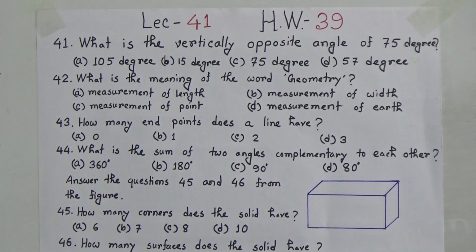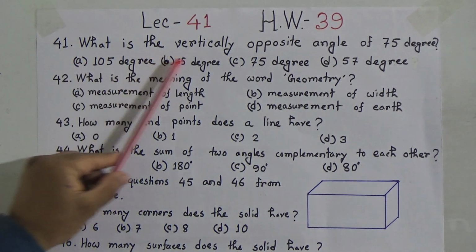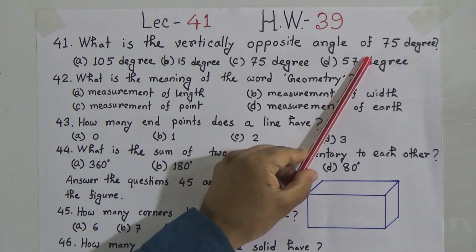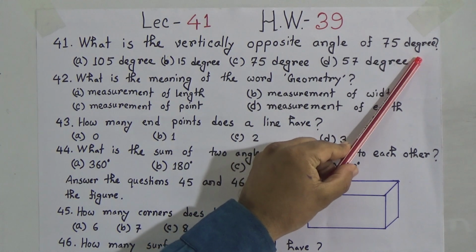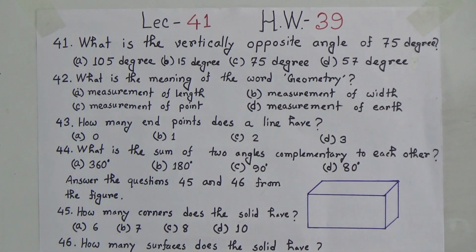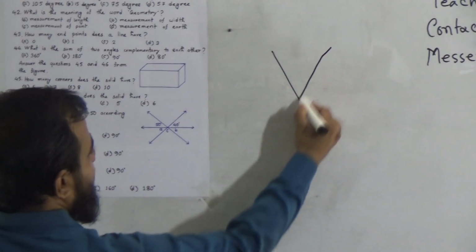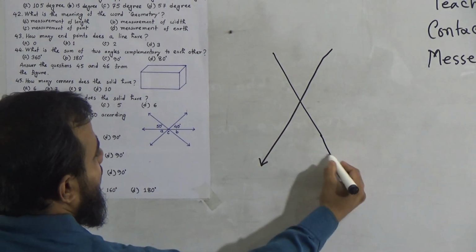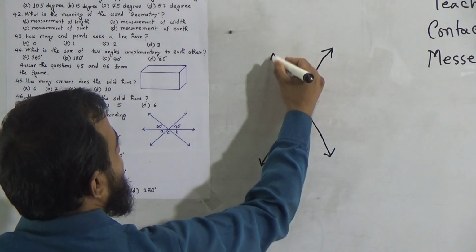Question number 41 is, what is the vertically opposite angle of 75 degree? You know that the vertically opposite angles are created when two lines intersect each other.